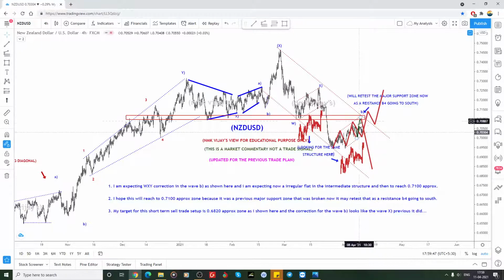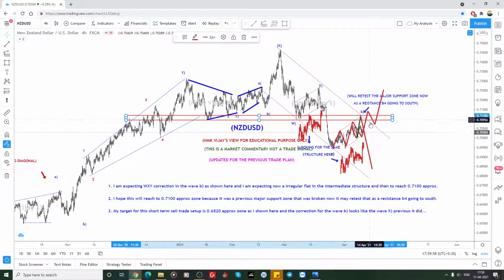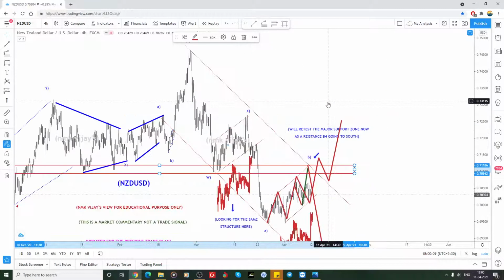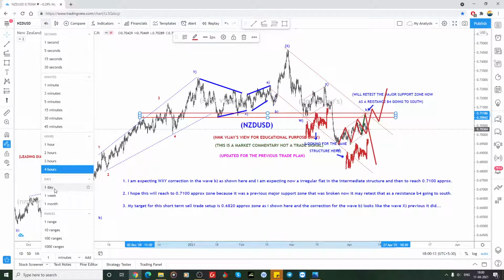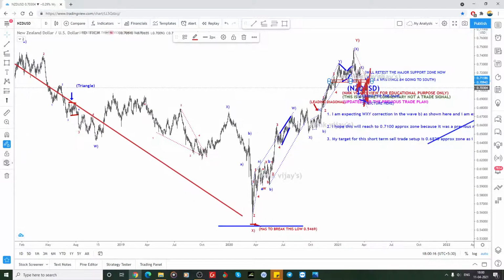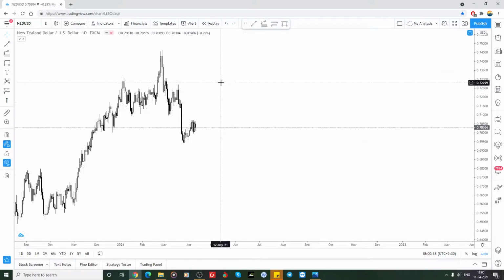But if it rejected and bounced from above this level and again retested this as a support, then it will take it as a support, and then again it can go back to the next resistance zone. Then at that time it will be doing a higher high, but in the smaller time frame. It's not in that daily time frame. So the daily time frame anchor is here.